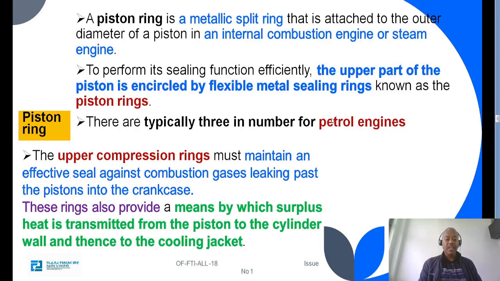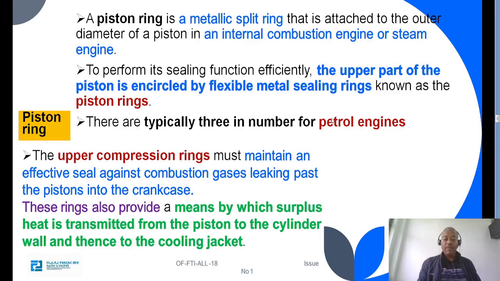There are typically three in number for a petrol engine. The upper compression ring must maintain an effective seal against combustion gas leaking past the piston into the crankcase.